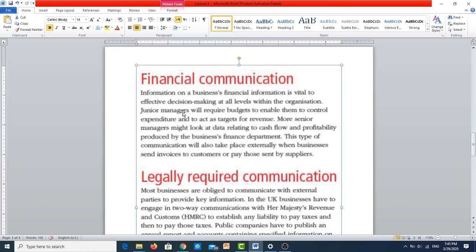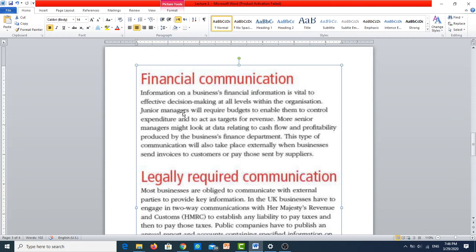And what basically we do, we maintain our finance, our funds, and how we can get our funds from external sources through loans. So all these things are done within the finance department.